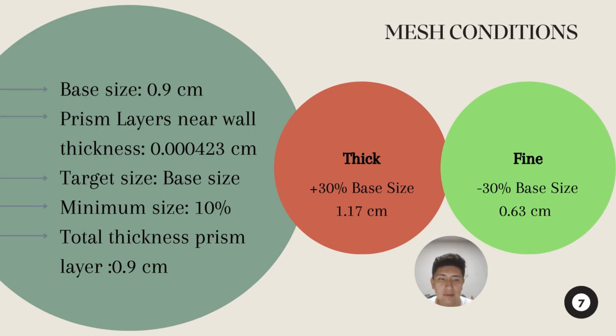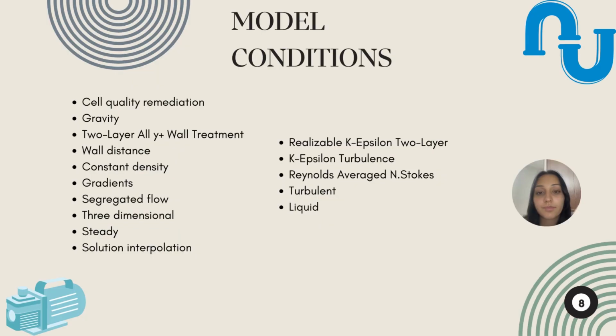After that, we ran another mesh with a base size higher by 30%, which means 1.17 centimeters. And finally, we ran another mesh, the fine one, with a base size of 0.63 centimeters, which means 30% less than the initial base size.